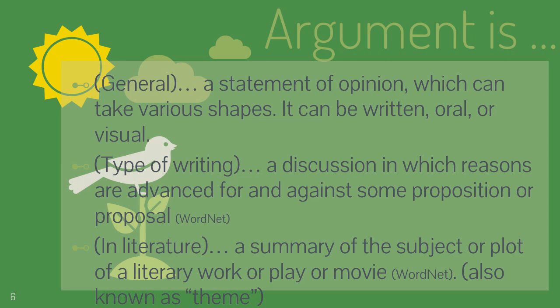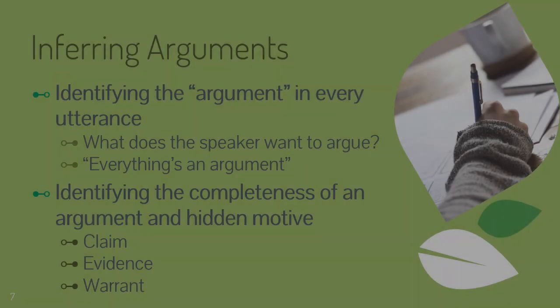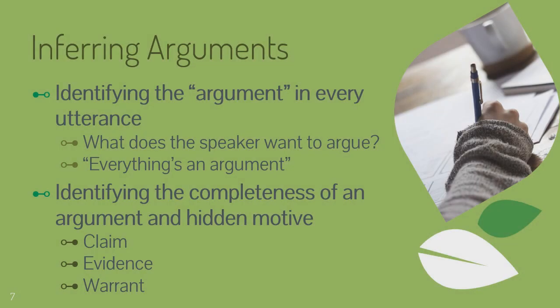A claim is something that the writer proposes. The evidence is something that the writer proposes to support the claim. And the warrant is an explanation that makes the evidence relevant to the claim. So with these three things, we will have a complete argument.